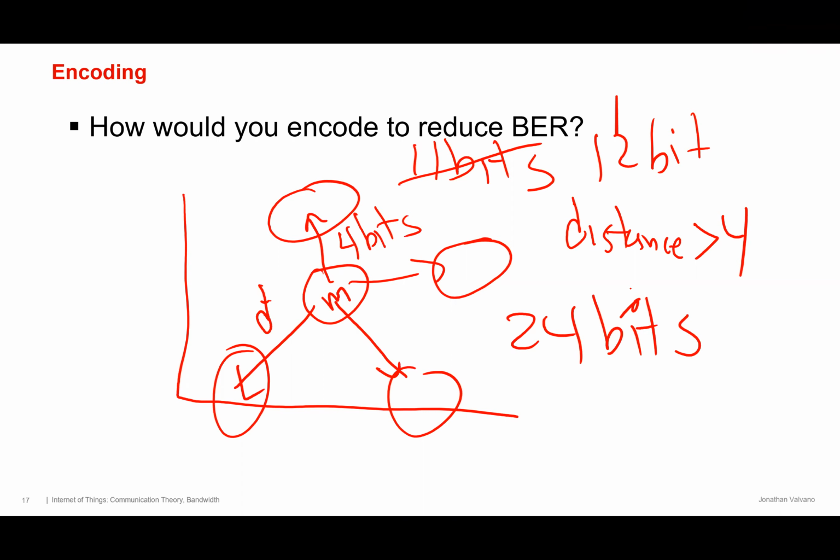Well, I do it exactly 3 times, and then I vote. Unfortunately, it's not a very efficient process because I can correct 1-bit errors, I can detect 2-bit errors, but I can't correct them. 3-bit errors could go undetected. So it's a lot of bits for not much performance.